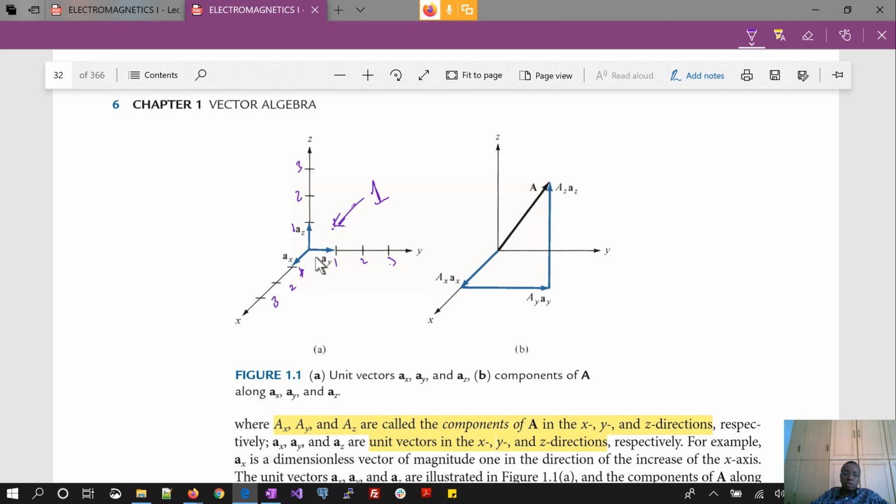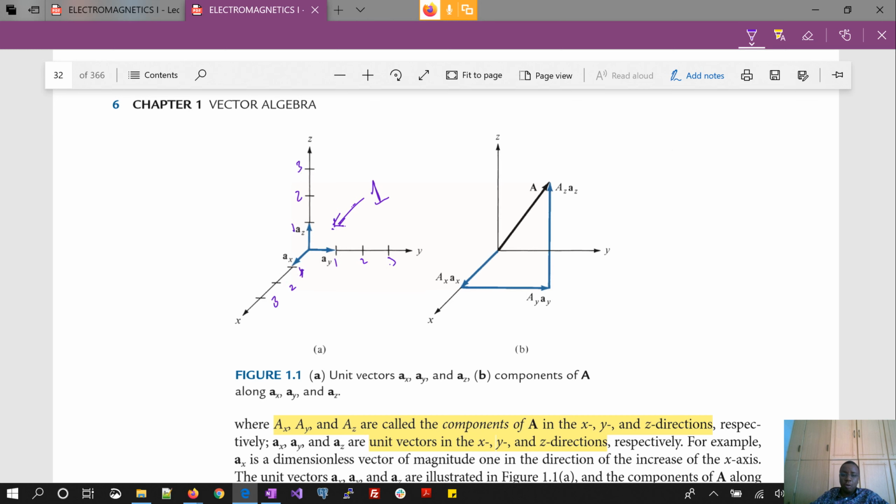What you can see is that each of the unit vectors has a magnitude of 1, but each one of them indicates the direction of z, y, and x. So that is how you would represent the unit vectors in the Cartesian coordinate system.